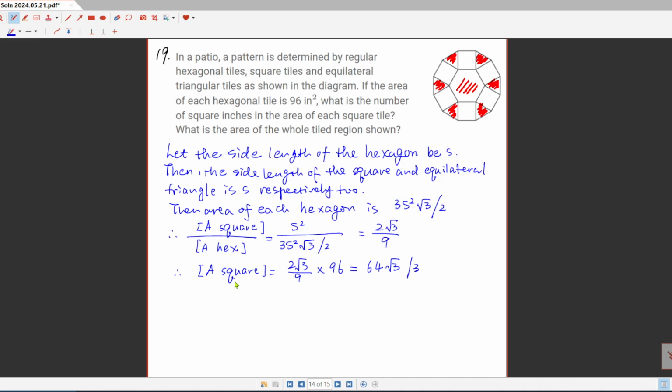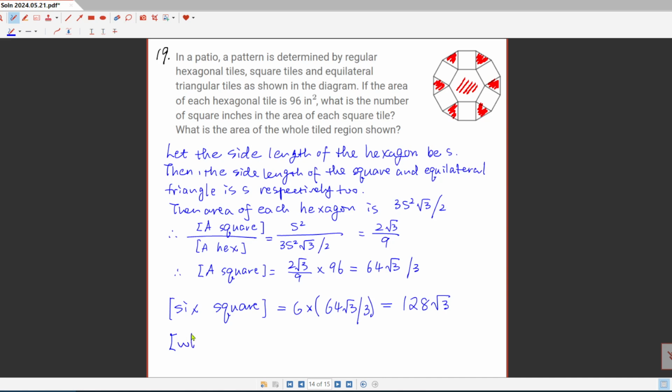And the 6 squares together have area of 6 times 64 root 3 over 3, and that is 128 root 3, right?